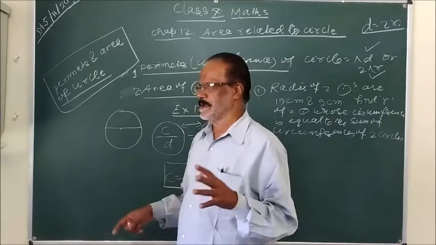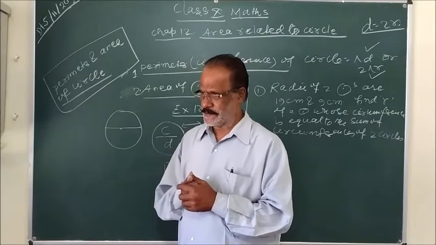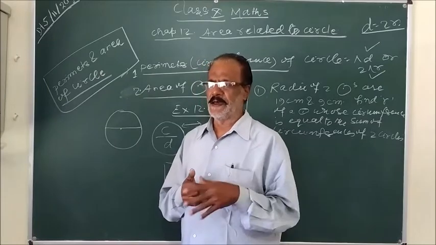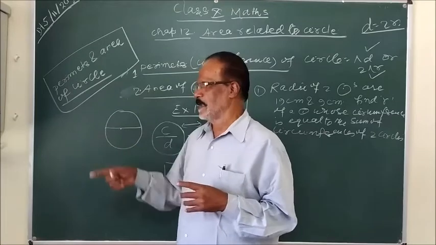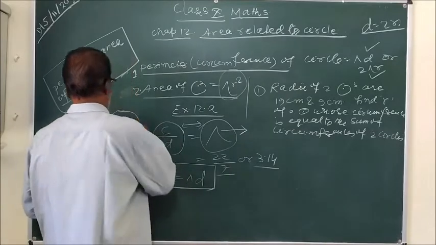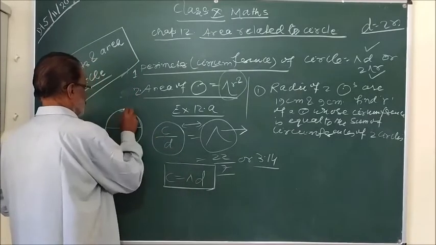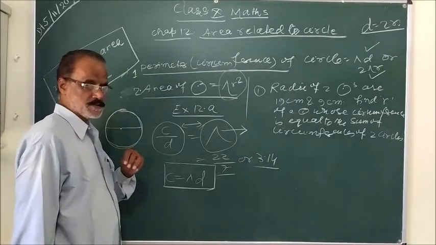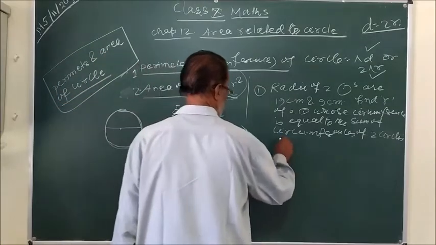And perimeter is the total length of all the sides. Suppose in a triangle, the perimeter is the measure of all the sides. But in the circle we don't have a straight line; the total distance in one round is called circumference or perimeter. So these are the 2 points.